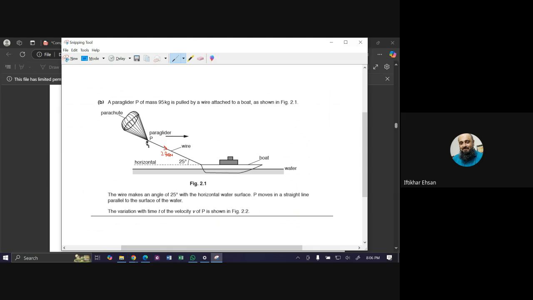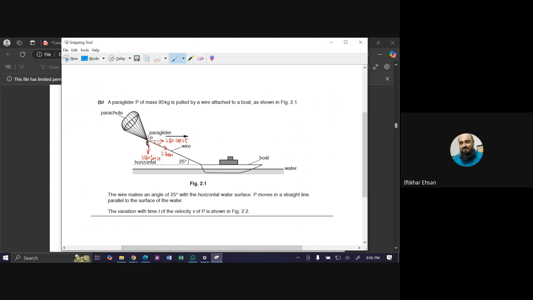It will have two components, one vertical and the other horizontal. If this is 25 degrees, then this is 25 degrees as well. So this component will be 280 cos 25 degrees, and this will be 280 sin 25 degrees.